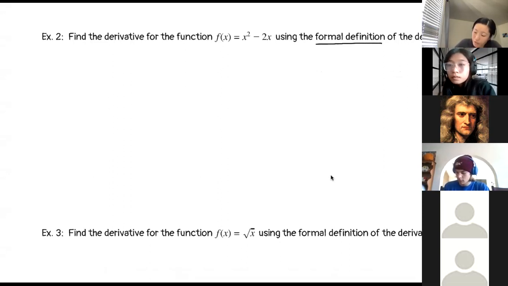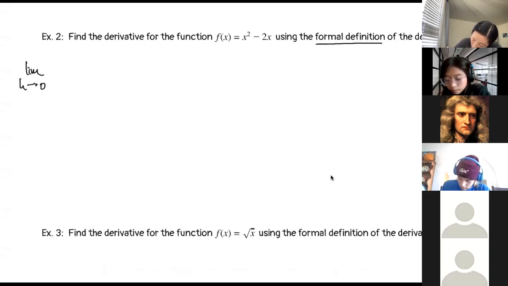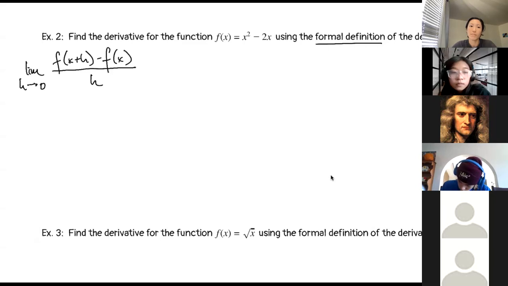And so the first thing I'm going to do is write out that formal definition. So I'm going to say the limit as h approaches 0 of f of x plus h minus f of x all over h. And so what we're going to do is think about what we're going to substitute, okay?